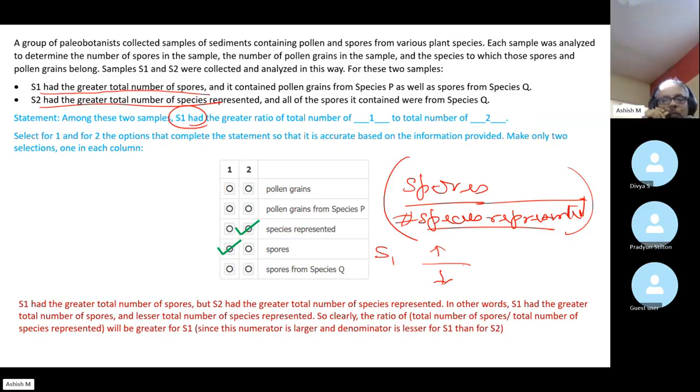How are you getting that? But it said that S1 had a greater total number of spores, right? Yes. So let me take the other case where species represented are greater than spores. Then it would have said S1 had a greater number of species represented, right?